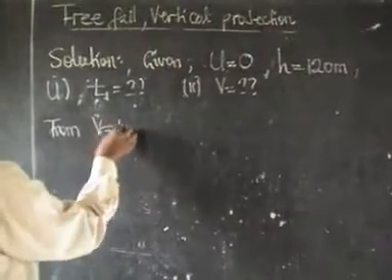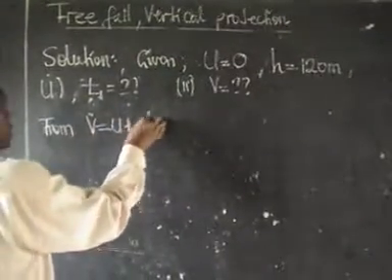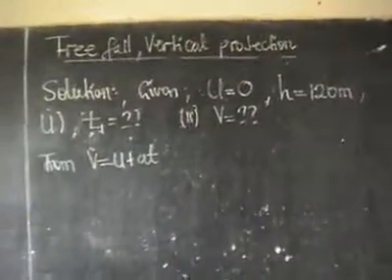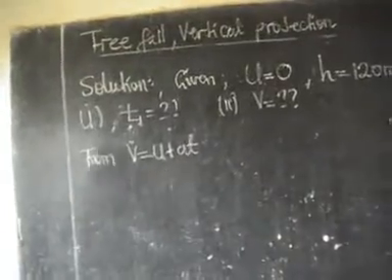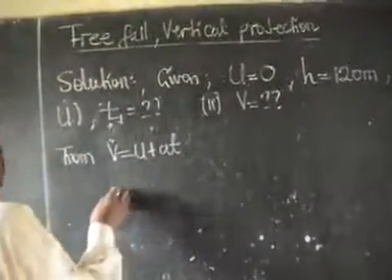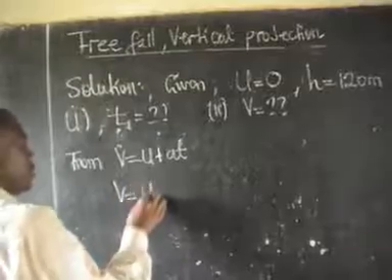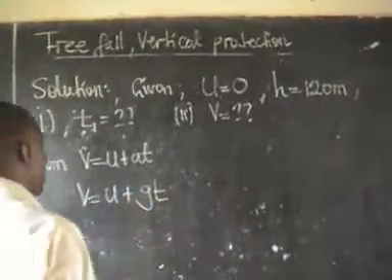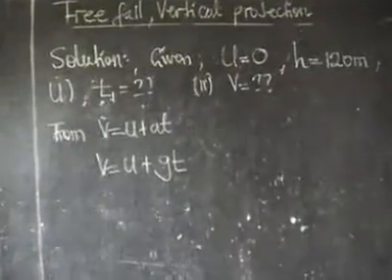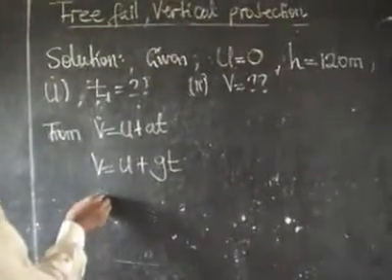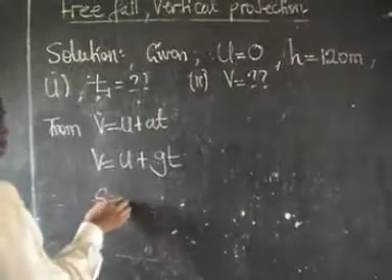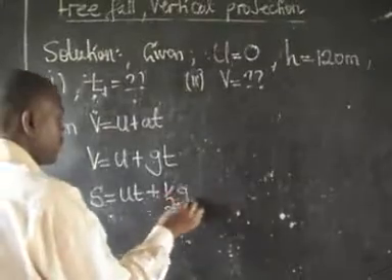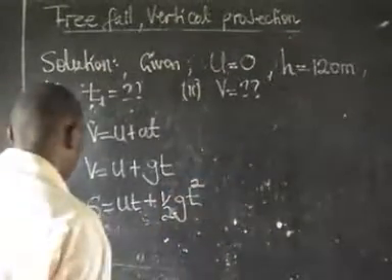Now from the equations of motion, from v equals u plus at, we are going to substitute the value of a to be that due to gravity. Therefore this equation will now become v equals u plus gt. Likewise the second equation will become s is equal to ut plus a half gt squared.